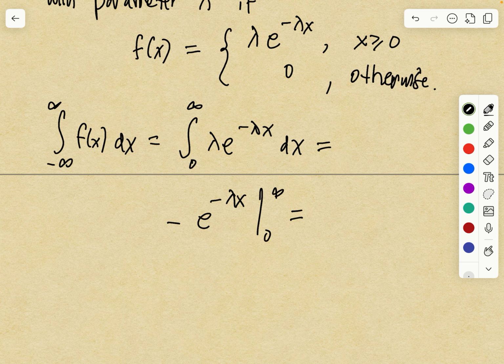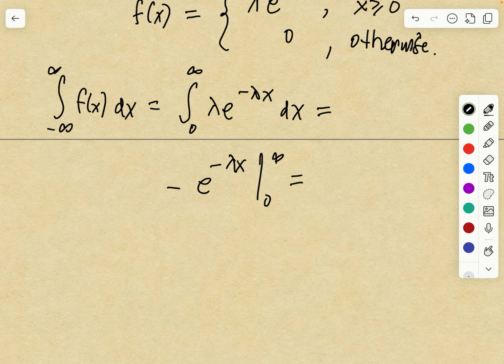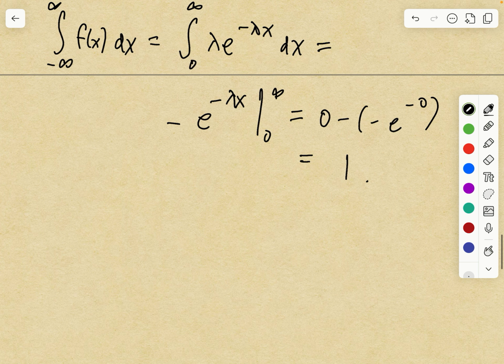Lambda is positive here, so you have a negative exponent and the limit is going to be 0, and then minus negative e to the minus 0, which is equal to 1. Okay. The exponential distribution we'll see later.